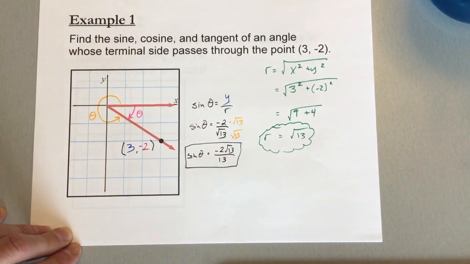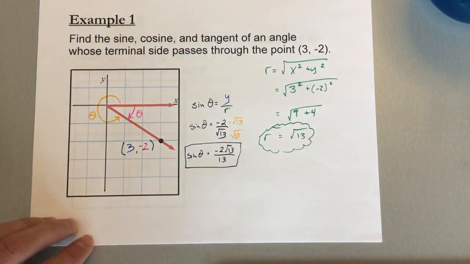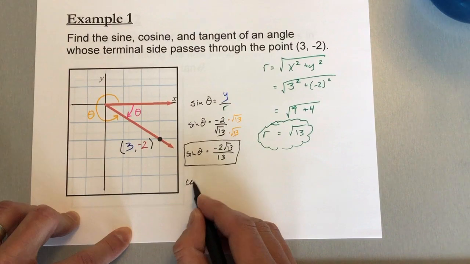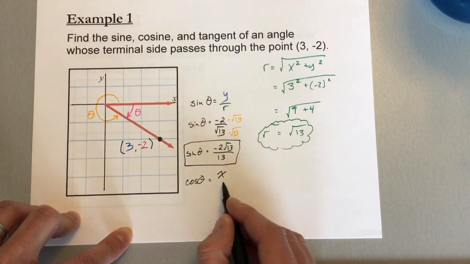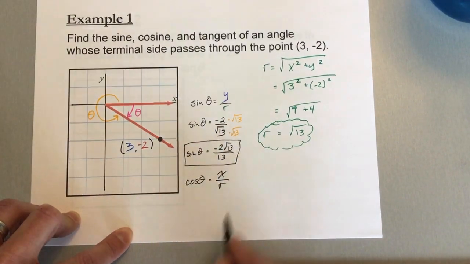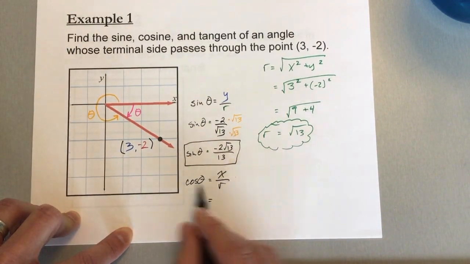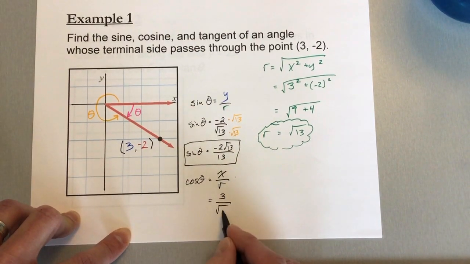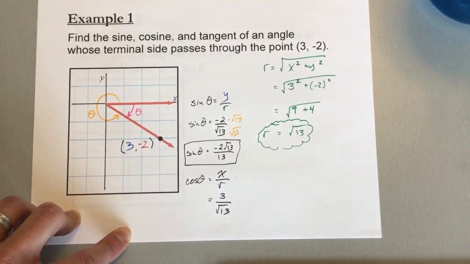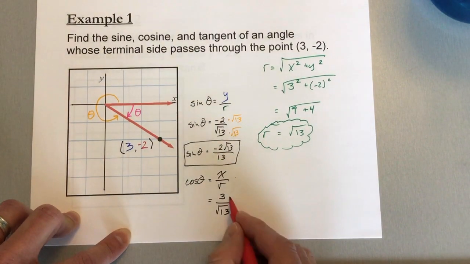Will we get a negative value when we find the cosine of theta? Well, the cosine of theta on the coordinate plane is defined as x over r. And the x-coordinate that this angle passes through is +3. The distance to the origin from that point is the square root of 13.